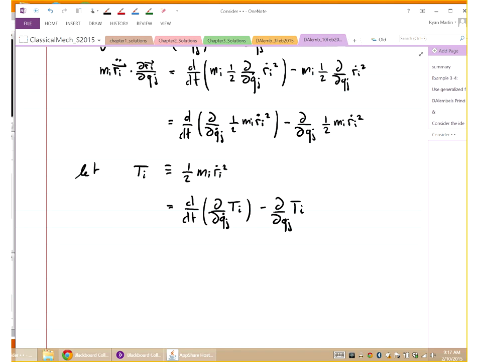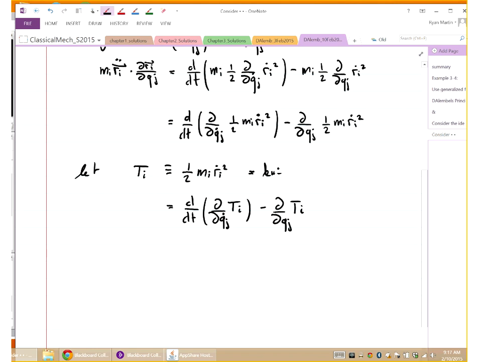So let's think a little bit about what this Ti is. It's a half times the mass of each particle. Remember, mi is the mass of each particle. And then Ri is the position vector of each particle. Each particle had a net force F applied to it, and the position of the particle was Ri. And so Ri dot, of course, is the speed of the particle. So Ri dot squared is v squared of the particle.